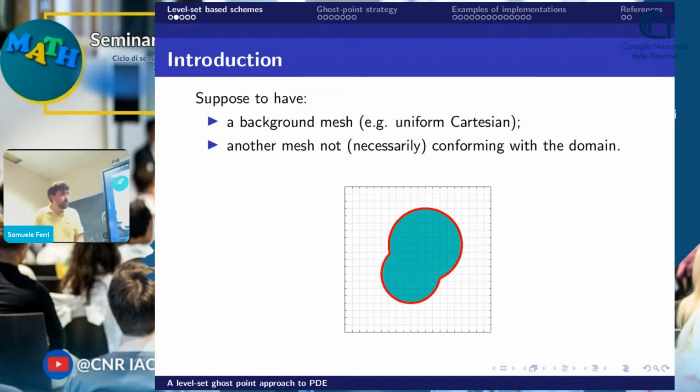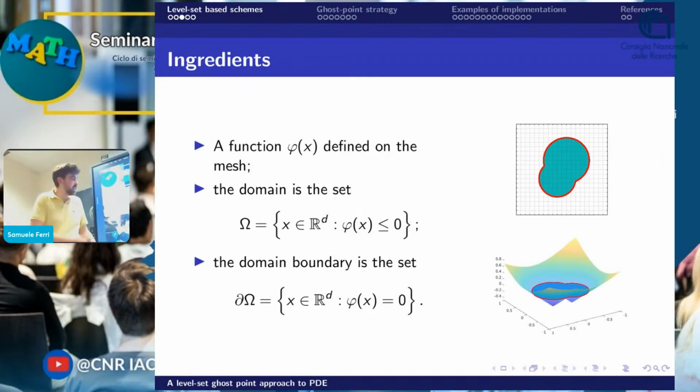It can be, for example, cells, models, or a different shape for a pillar or a statue or something similar. So the problem is how to discretize and solve a PDE in this kind of framework.